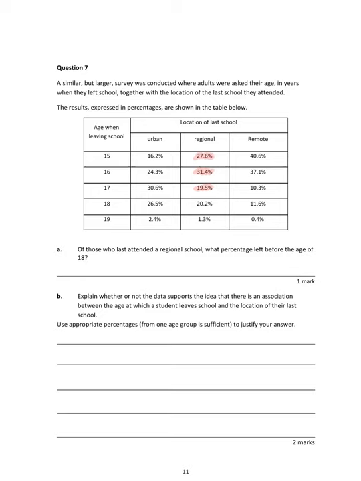Then just add those 3 percentages up: 27.6 plus 31.4 plus 19.5. So that is 78.5%.